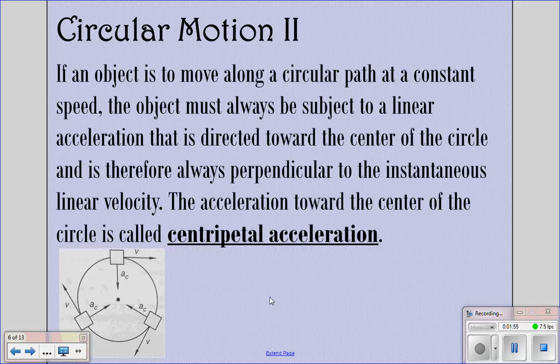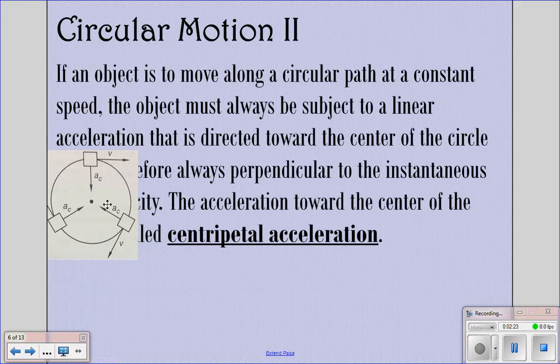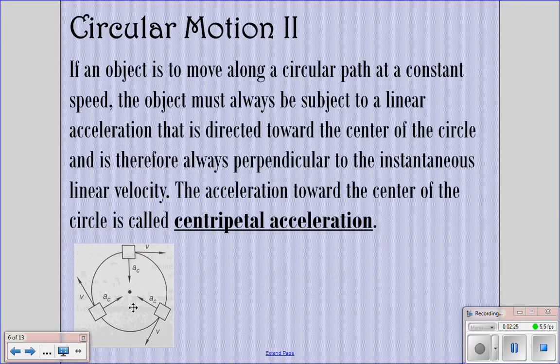The acceleration that's towards the center of the circle is called centripetal acceleration, and they denote it with A sub c.